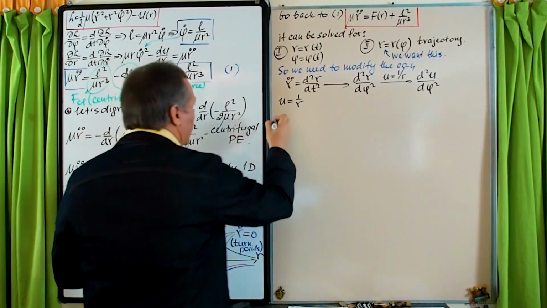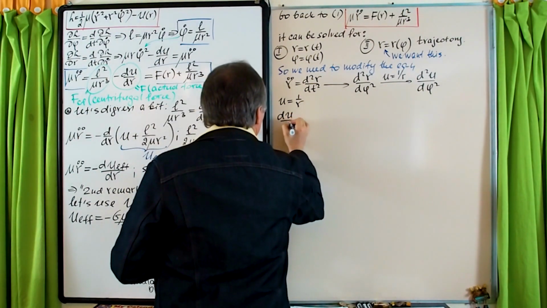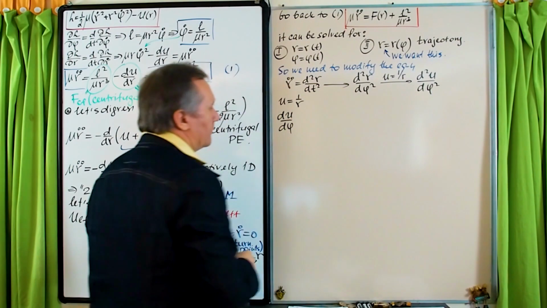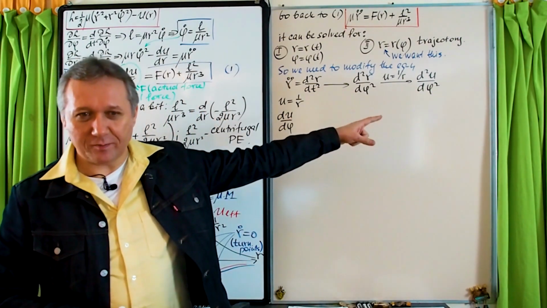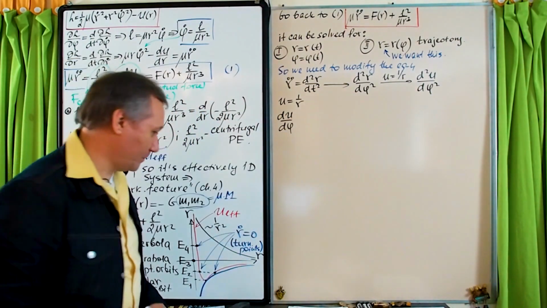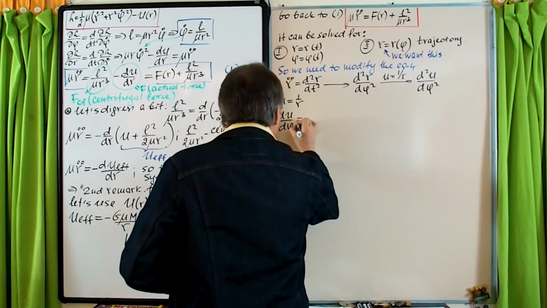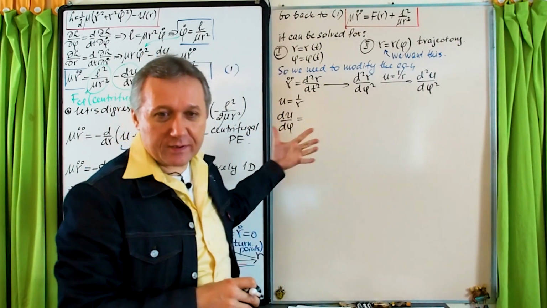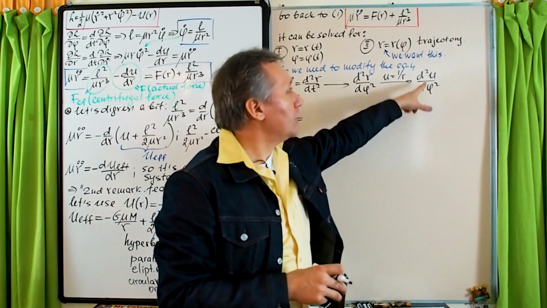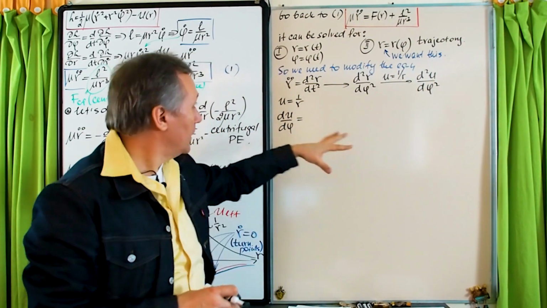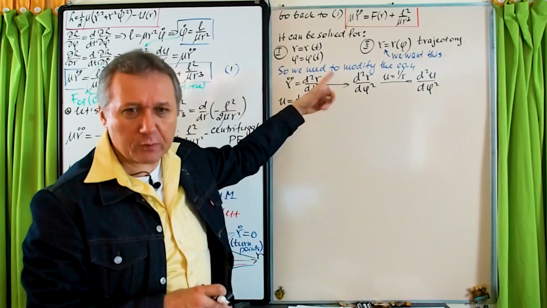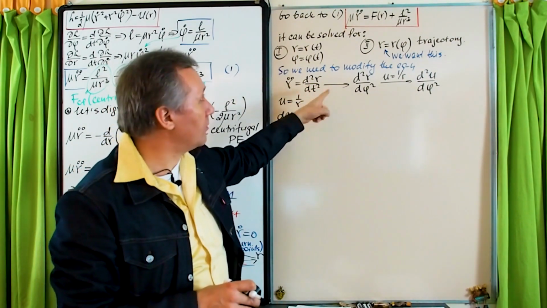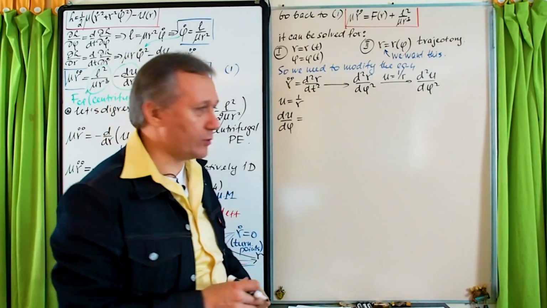So let me write du over d phi. I'll start pretty much from the end. It's a first derivative, and then I will differentiate the result one more time in order to get the second derivative, and we will extract r double dot from there and plug it in. You will see everything will be fine.